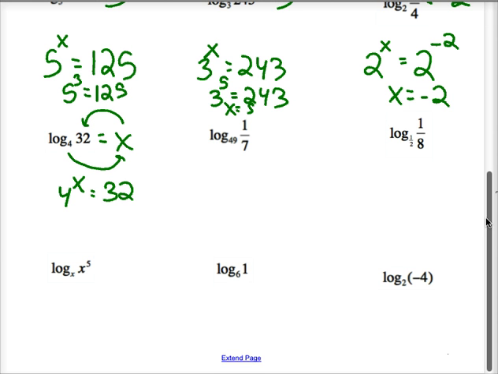Now, we can still solve this using exponents though, because while 32 is not a power of 4, both of these are a power of 2. 32 is 2 to the 5th power. What about 4? Well, 4 is 2 to the 2nd power. And then I still have my x as well.